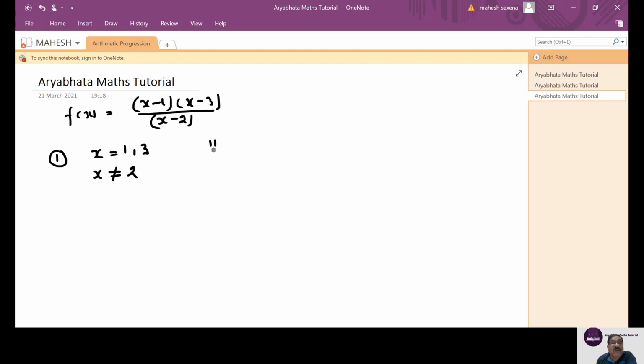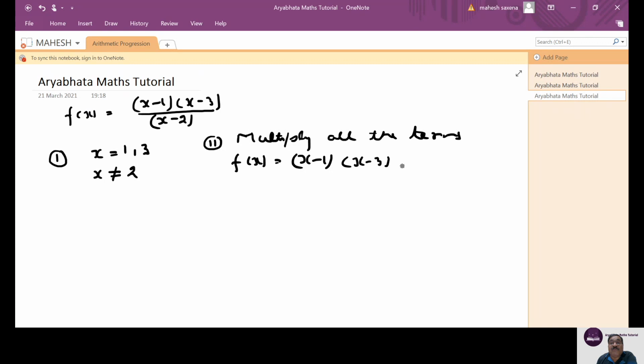Second step, multiply all the terms. That is, f(x) is equal to (x minus 1)(x minus 3)(x minus 2).